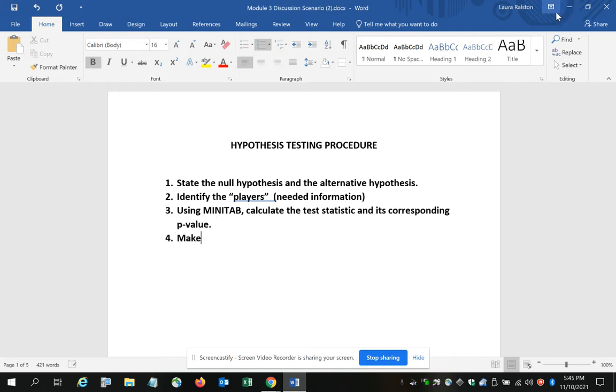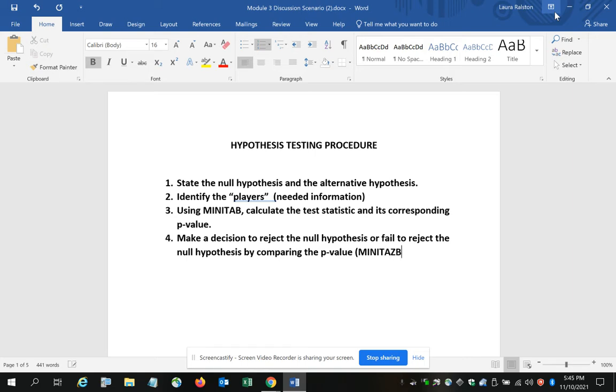Step four is you make a decision to reject the null hypothesis or fail to reject the null hypothesis by comparing the p-value you get from Minitab and the given level of significance.